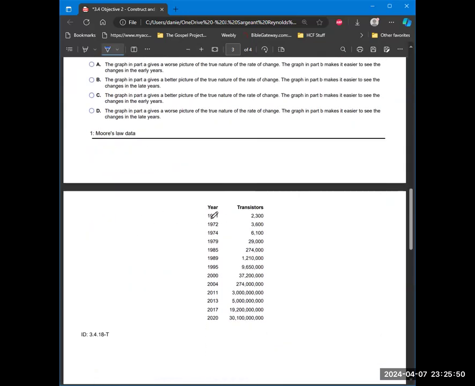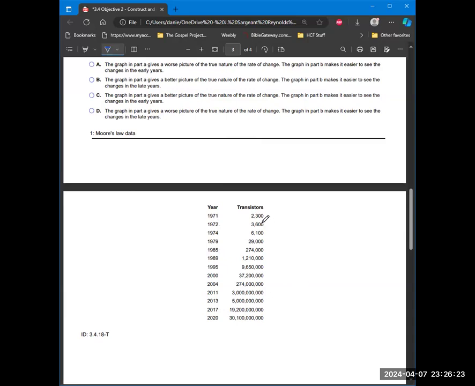And we see in 1971 there were 2,300 transistors on the circuit board, and then in 1972 there were 3,600, and then in 1974 there were 6,100, and we see this trend to where in 2020 there were 30 billion 100 million transistors on the circuit board.